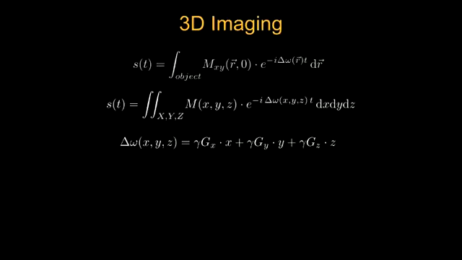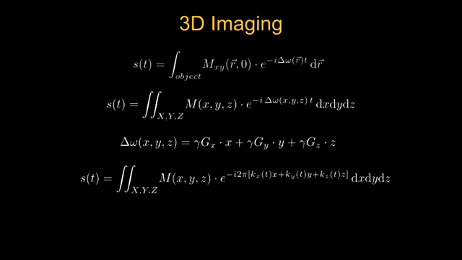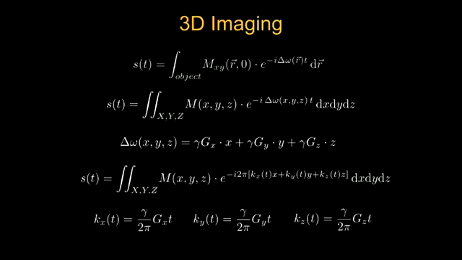So in this case, we're including the z gradient together. It's going to be gamma Gx times x, gamma Gy times y, gamma Gz times z. And here, kx, ky, kz are included, and the k-space definition is like this.